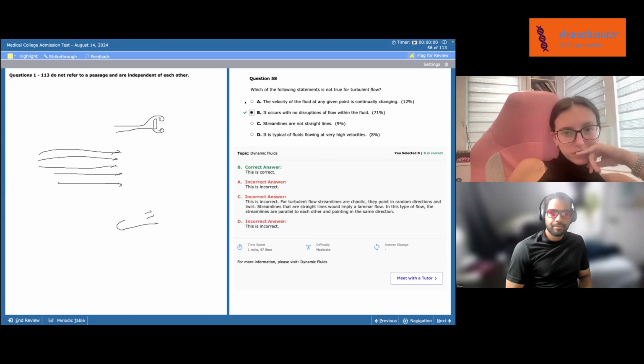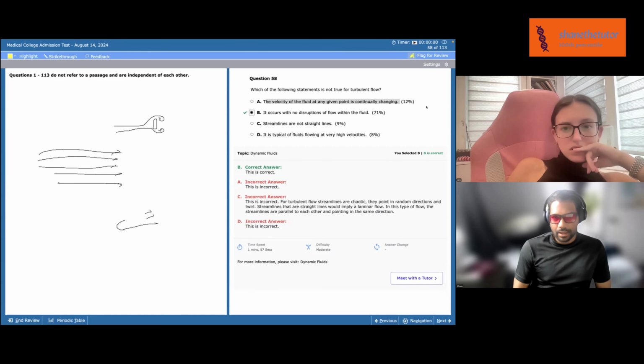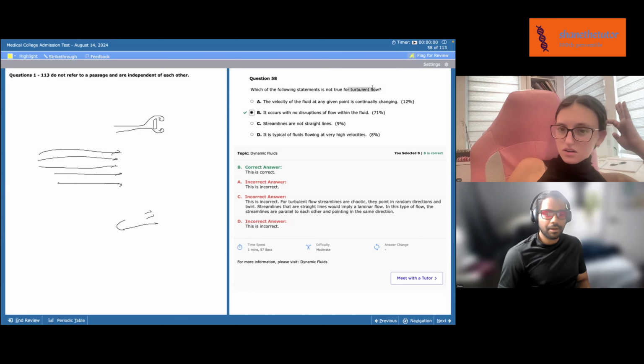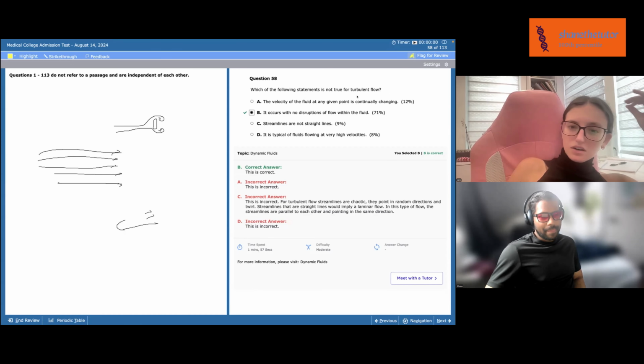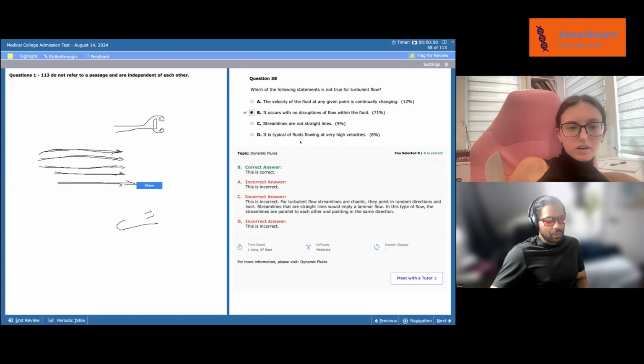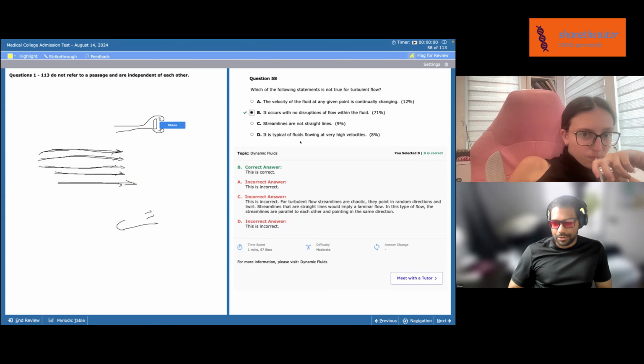So wouldn't this one be wrong too? The velocity of a turbulent fluid at any given point is continually changing. Yes, okay, because there's something acting upon it. So these straight line ones, their velocity is not changing. But here, when they turn into those whirlpools, they do change.